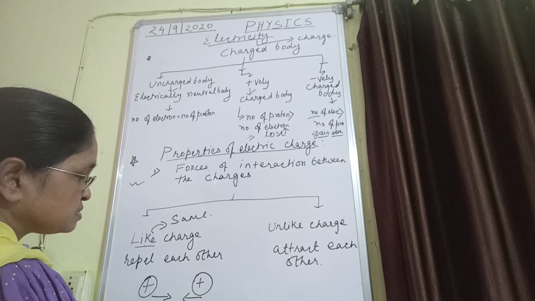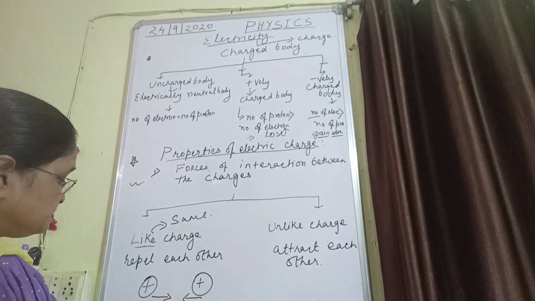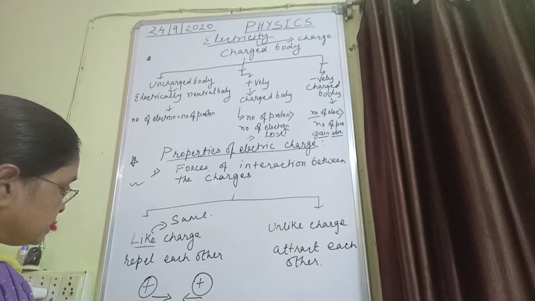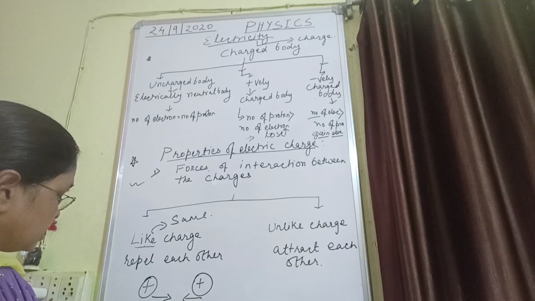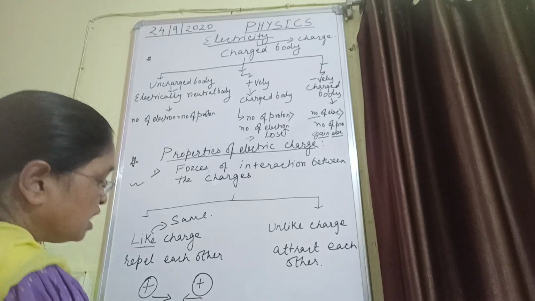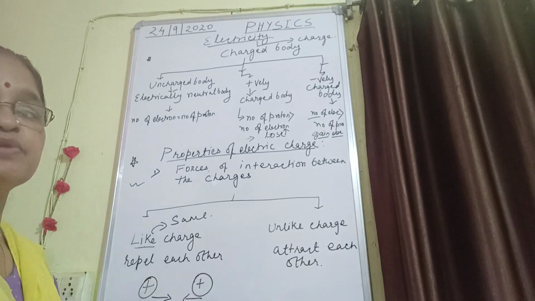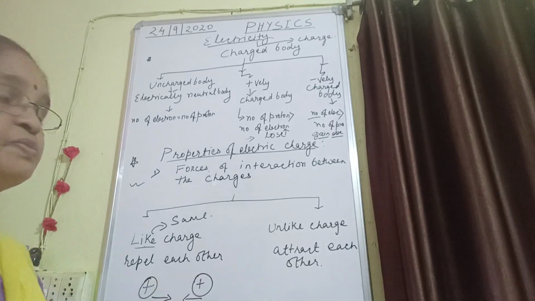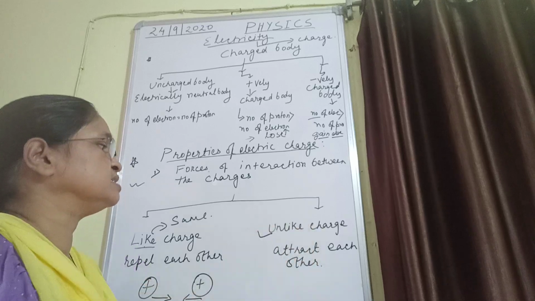Repulsion. When a negative charge and another negative charge approach each other, they will also feel a force of repulsion. Both will go apart from each other. So that is the force of repulsion. Next, unlike charges attract each other.